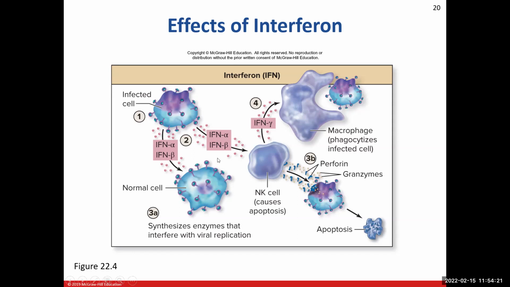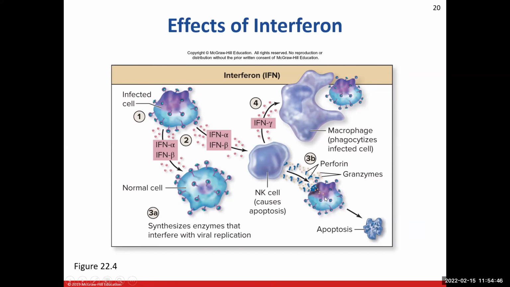Now, meanwhile, the alpha and beta interferon, not gamma, alpha and beta interferon, is going to be released, and a natural killer cell comes across that and says, whoa, it responds, and it travels over to the infected cell, and it can do one of two things.